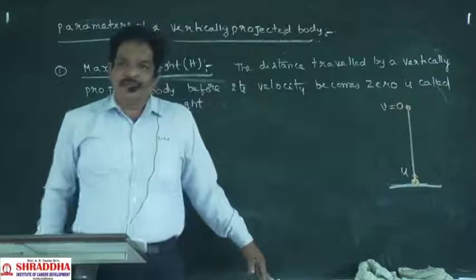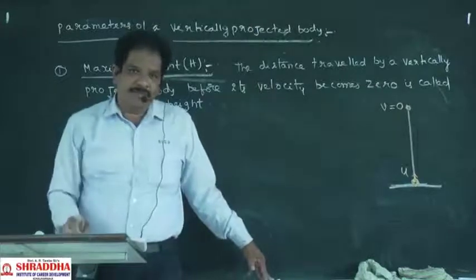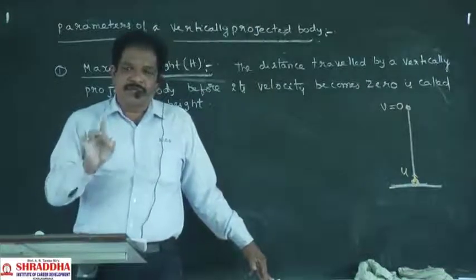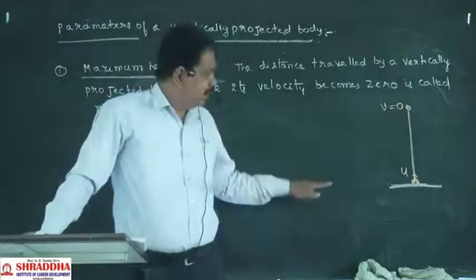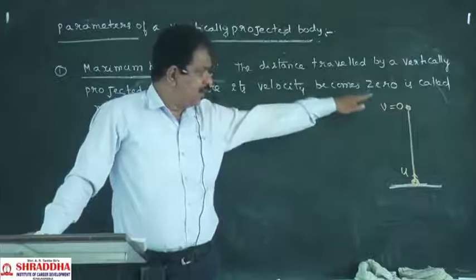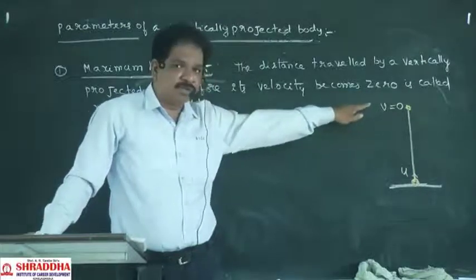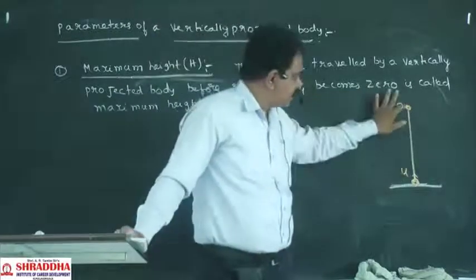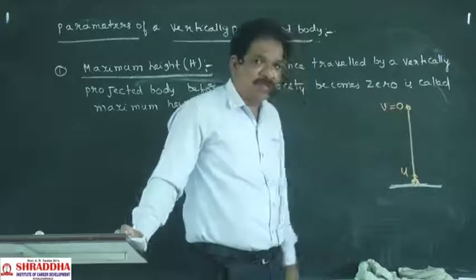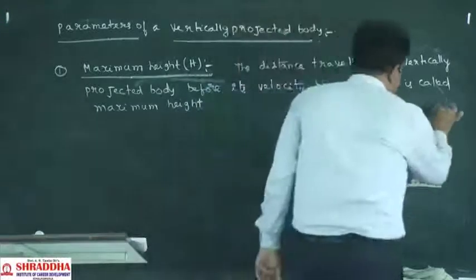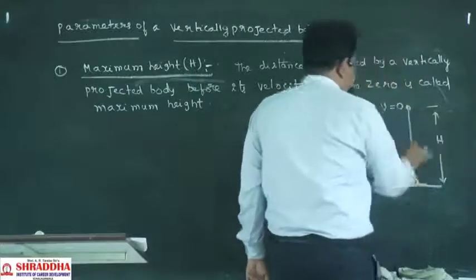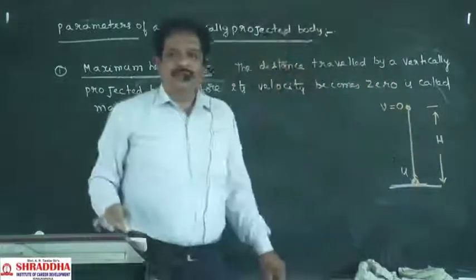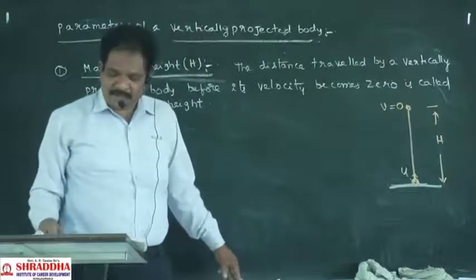With velocity u, we projected. When it is going up, we know its velocity is gradually decreasing and finally somewhere it becomes 0. This distance will be called the maximum height. From here to here, that will be called the maximum height.